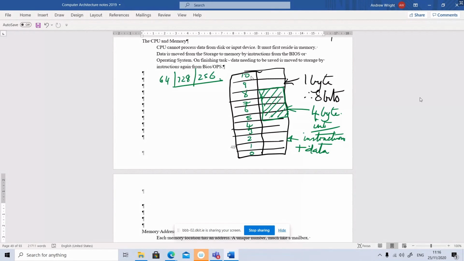If you have addresses that run across 64 bits, that would be 2 to the power 64 addresses, because we have the 0. The last address would be 2 to the 64 minus 1, because we start off at 0.